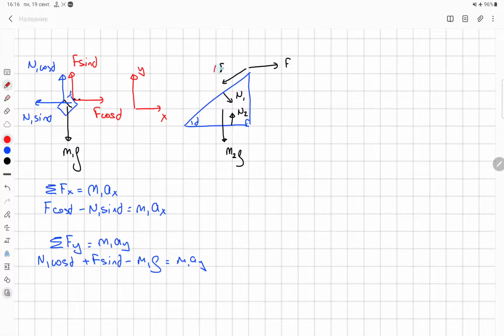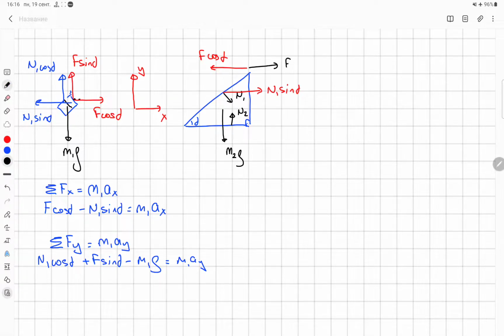This force has an x component, or horizontal component, which is equal to F times cosine alpha. It also has a vertical component, but it is not important at the moment. And this N1 has a horizontal component to the right, N1 times sine alpha. Basically, we have three forces: F, N1 sine alpha and F cosine alpha.